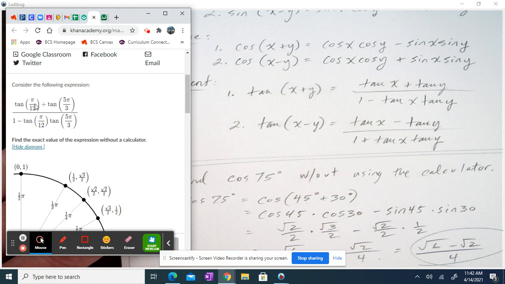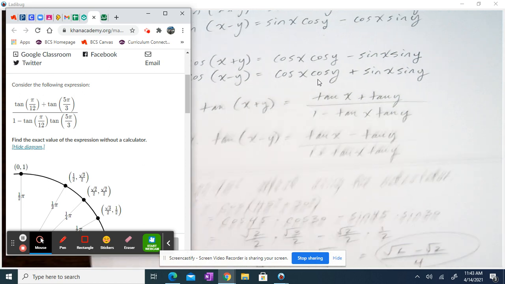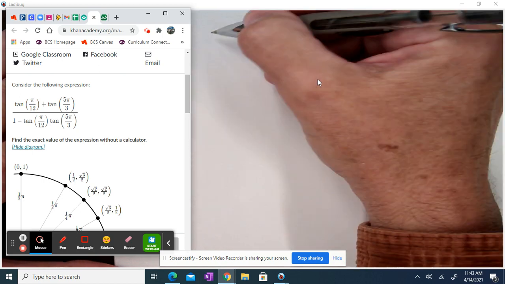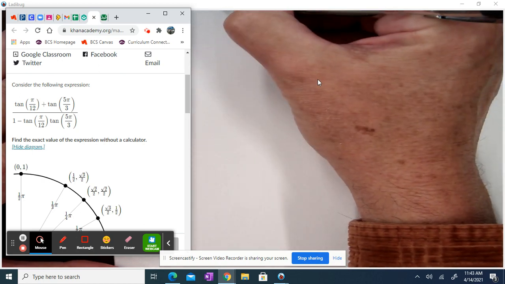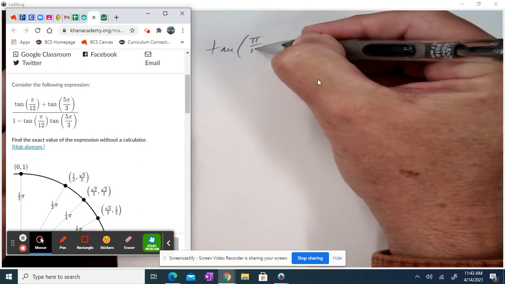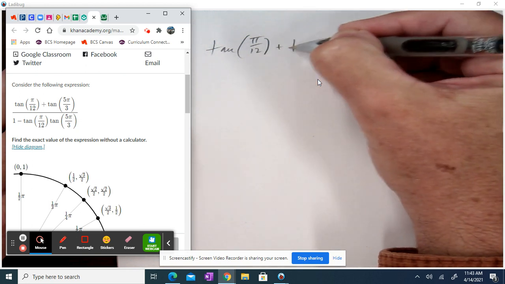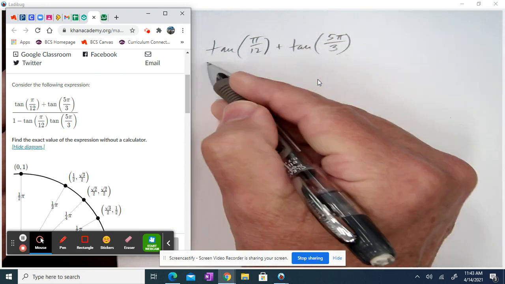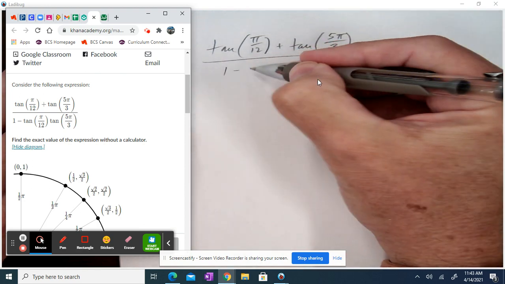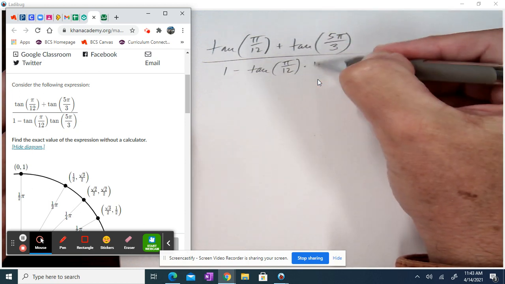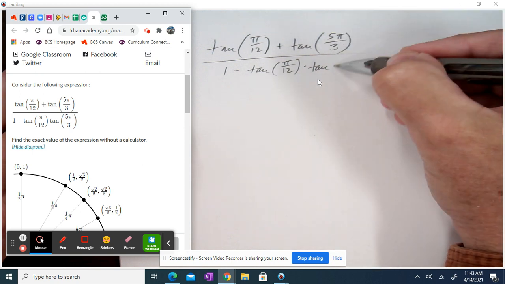So that means I could just add pi over 12 and 5 pi over 3. So let me do that real quick. I've got tangent of pi over 12 plus the tangent of 5 pi over 3, over 1 minus the tangent of pi over 12 times the tangent of 5 pi over 3.